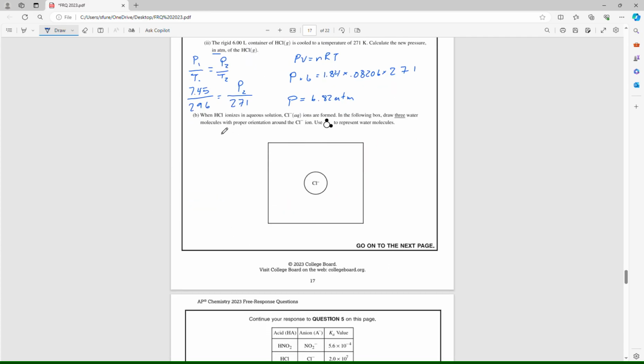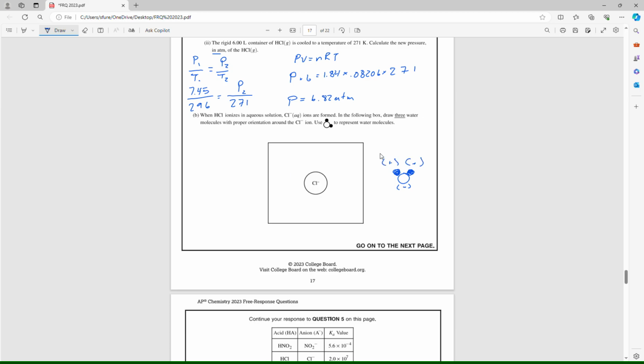All right, when HCl ionizes in an aqueous solution, ions are formed. Chloride ions are formed. Draw 3 water molecules with proper orientation around the chloride ion. Use this little Mickey Mouse to represent water molecules. So in our Mickey Mouse diagram, the darks are the H's. The O is the oxygen. Oxygen is more electronegative, so this side is a little negative, and these are a little positive.